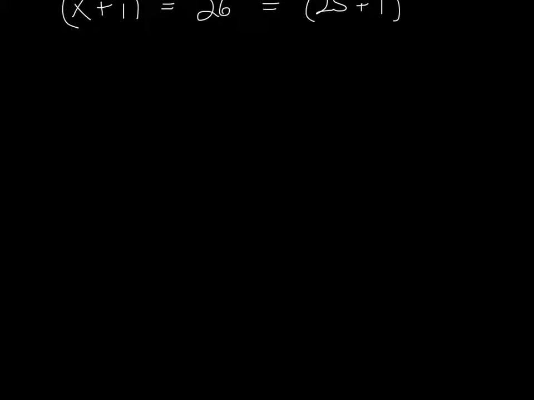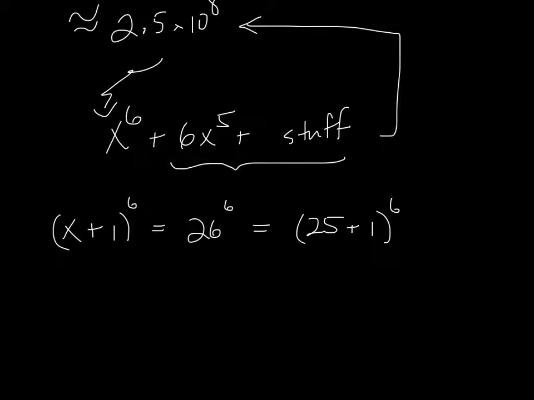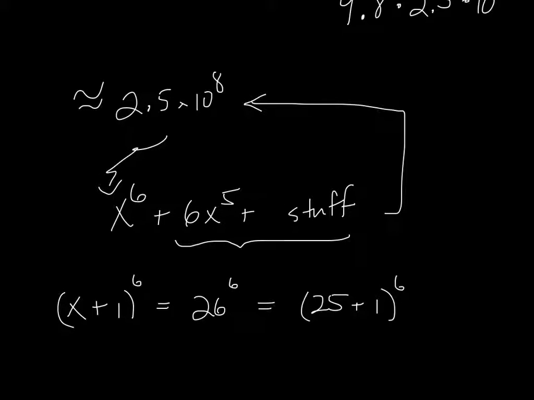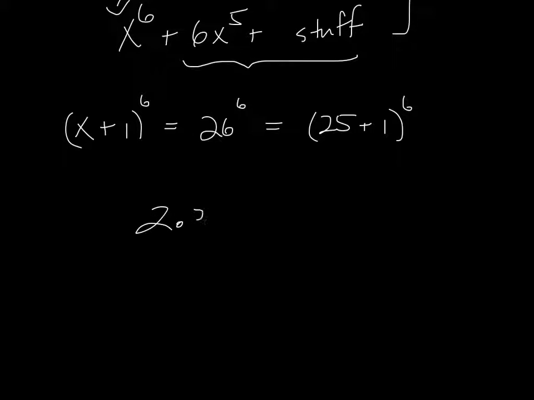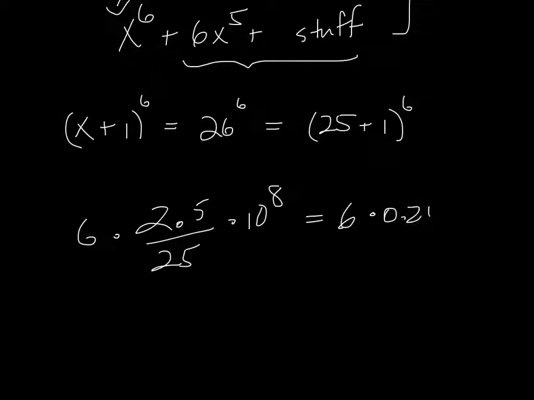It's essentially the same exact process, except we have to divide this answer by 25 and then multiply it by 6. So it is 2.5 over 25 times 6 times 10 to the 8th, which is 6 times 0.25 times 10 to the 8th, which is 1.5 times 10 to the 8th.